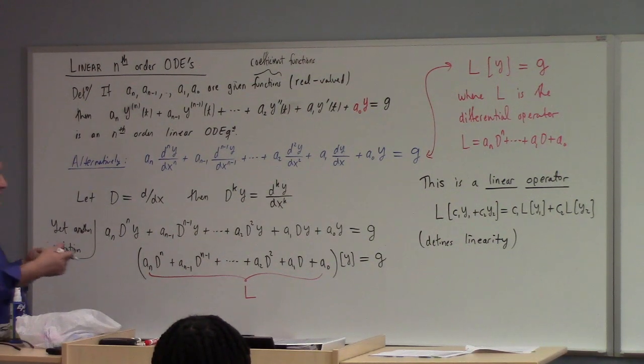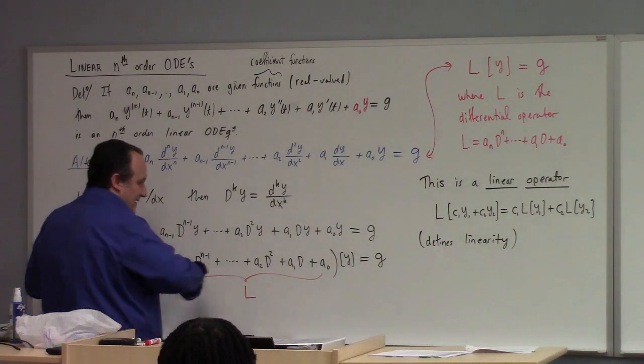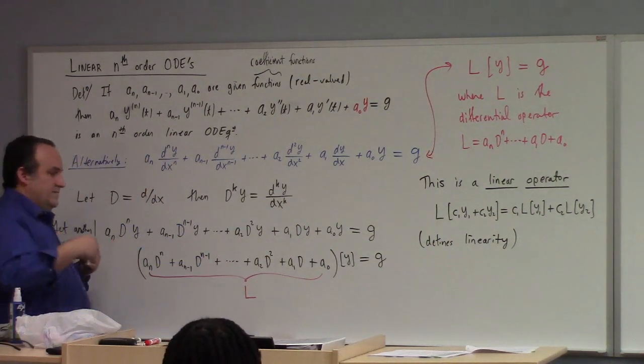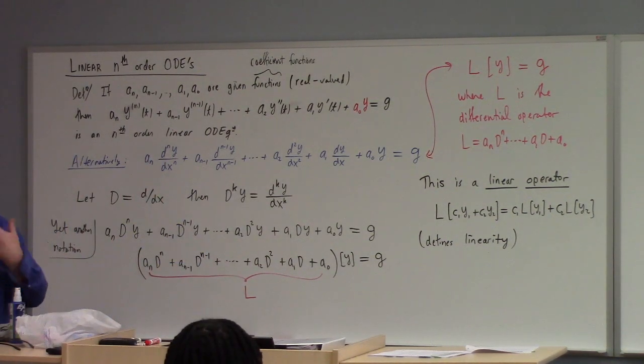But it is true, nonetheless, that this is, in fact, a linear operator. Because differentiation is linear, second differentiation is linear, third differentiation linear, and so forth and so on. And if you add together linear operations, you get a linear operation. All right? So it is true.